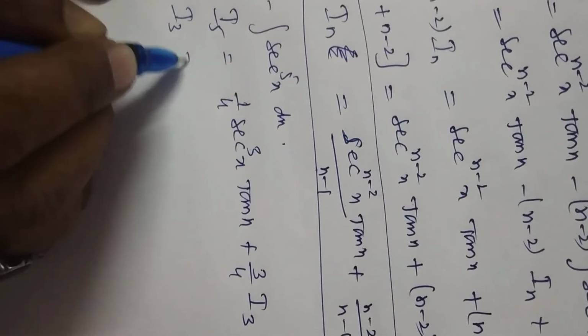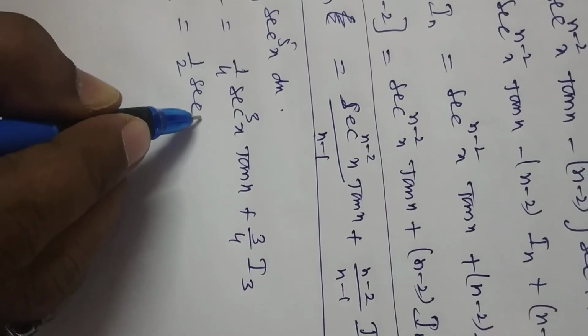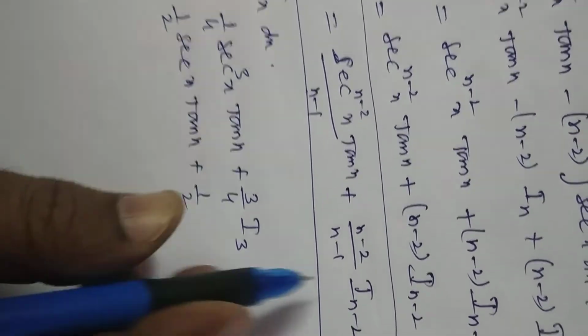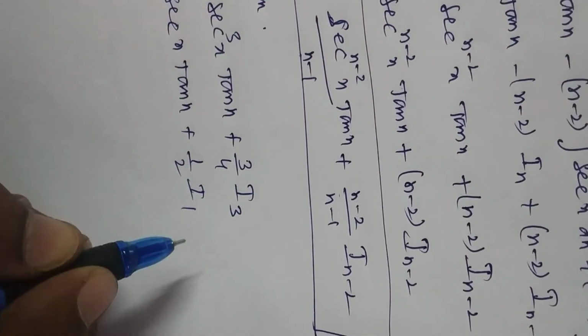I3 if we find, I3 is equal to 1 by 2 of secant x into tan x plus 1 by 2, 3 minus 2 is 1, 3 minus 1 is 2, into I1.